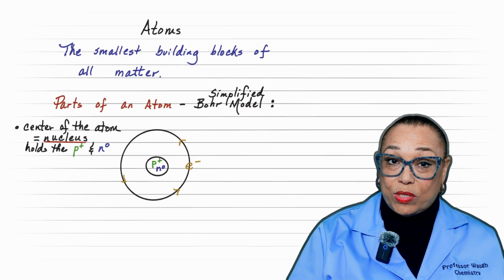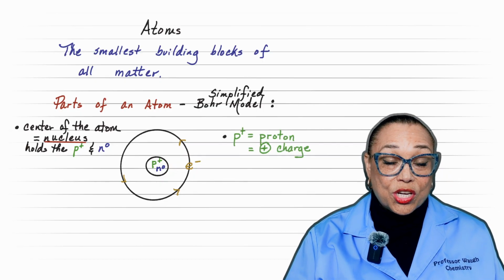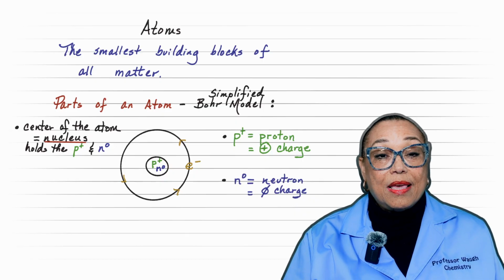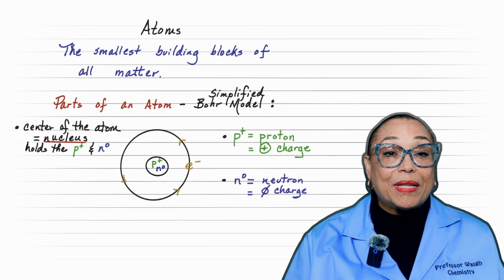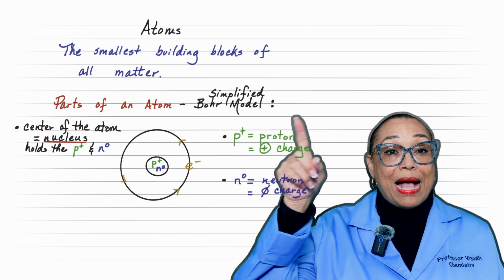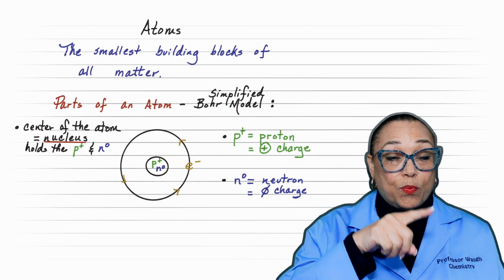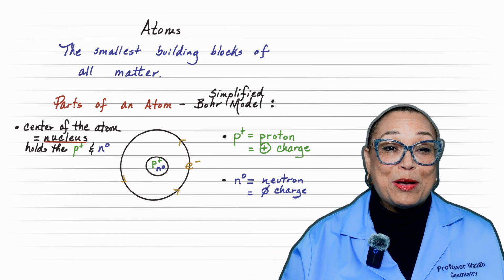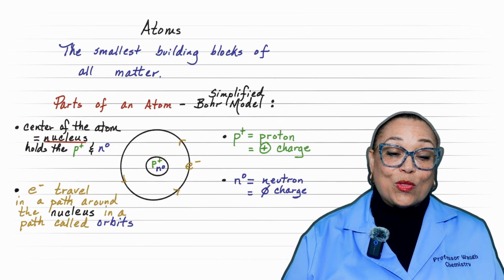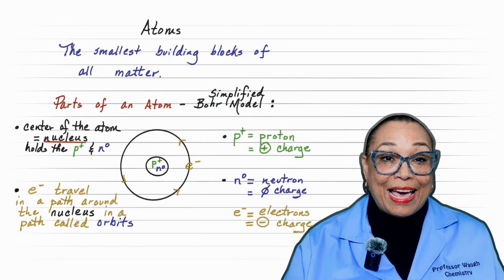There you find protons, which have a positive charge and relatively large mass, and neutrons, which have no charge, but about the same mass as a proton. And going around the nucleus, according to the work of Bohr, is where we find the electrons. And he called those orbits, the path that the electrons move around.